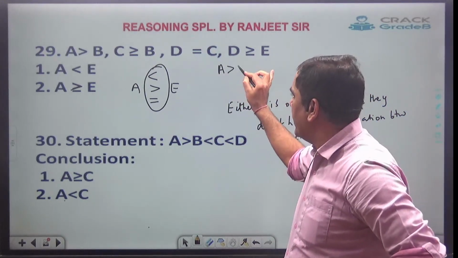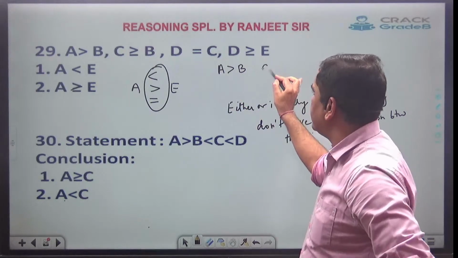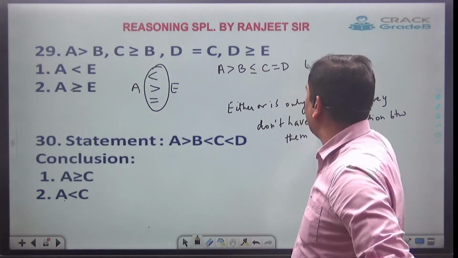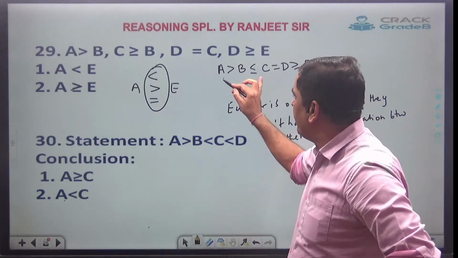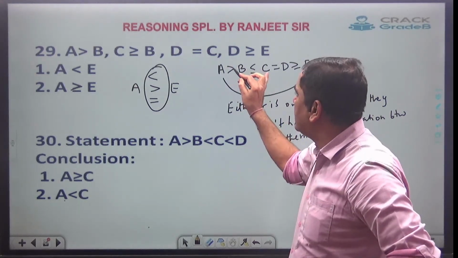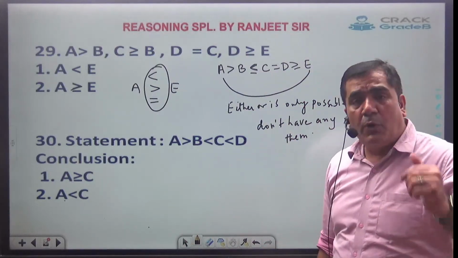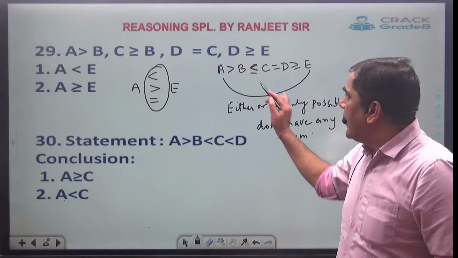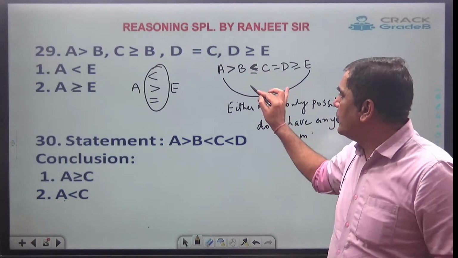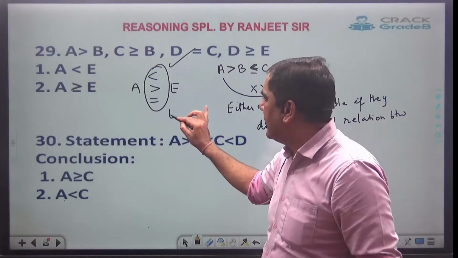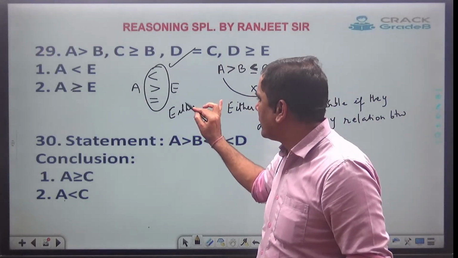A, B adjacent will be C, C adjacent will be D, and D adjacent will be E. So if I check between A and E, both the faces have come. Both the faces have come means no relation, and no relation means either or is possible. So answer is either one or two.